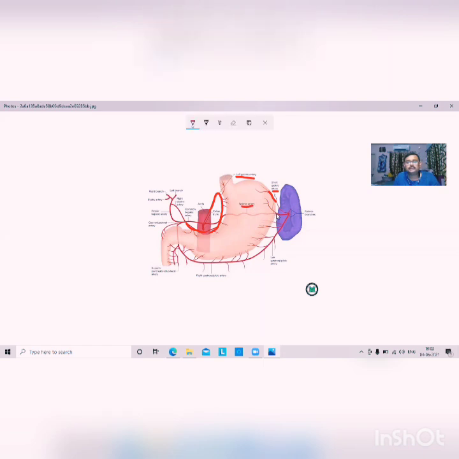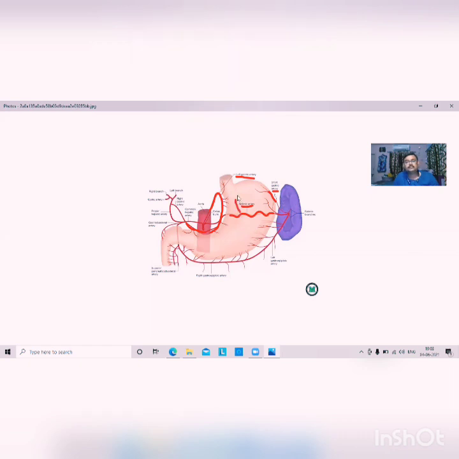Now, this splenic artery is a tortuous artery which will pass on the posterior aspect of the stomach. The branches of the splenic artery, the short gastric arteries, will supply the fundus of the stomach.